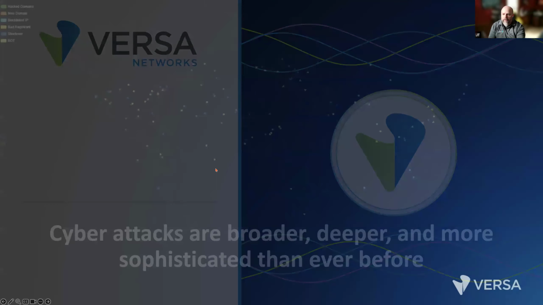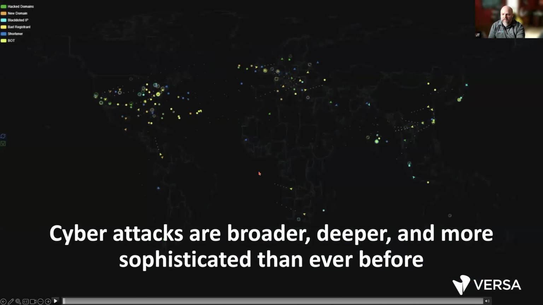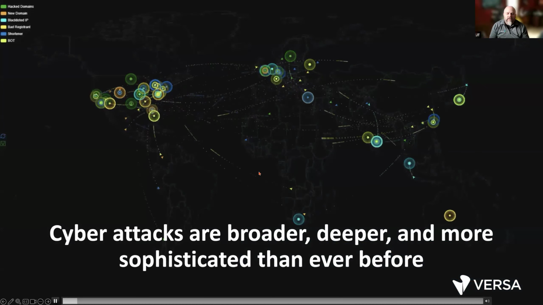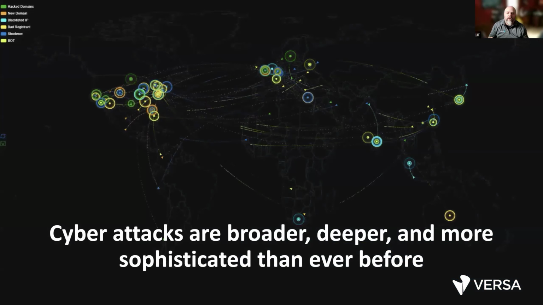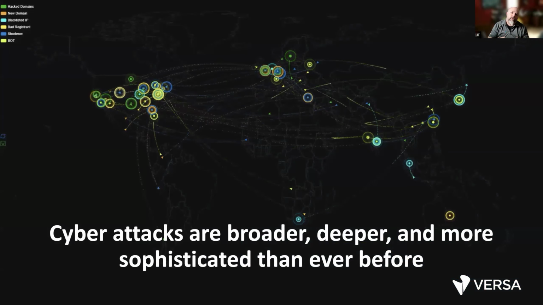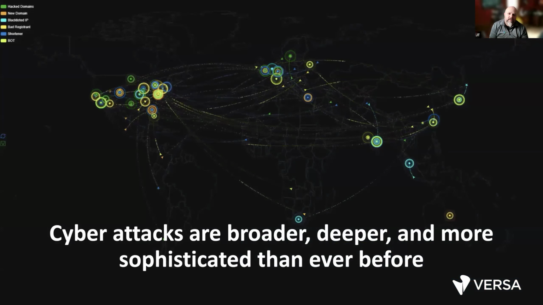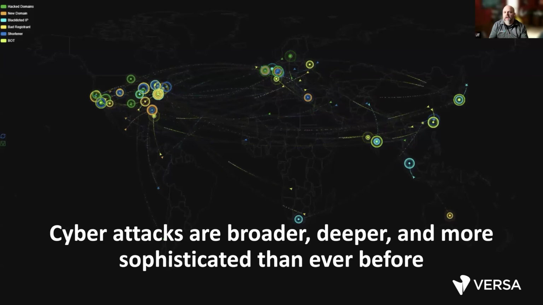First off, and I love this slide more than anything else that's out there: cyber attacks continue to get broader and deeper and more sophisticated than ever before. And this is the crux of what ATP brings within our SSE solution, and of course with things like next-gen firewall as well.